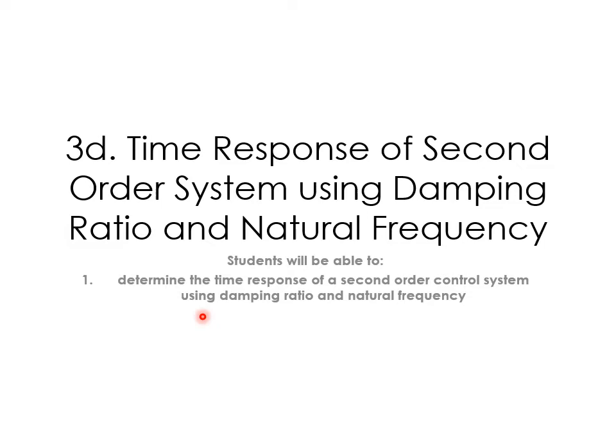At the end of this chapter, we expect the student to be able to determine the time response of a second order system using damping ratio and natural frequency, which also includes the criteria of performance of second order time response.